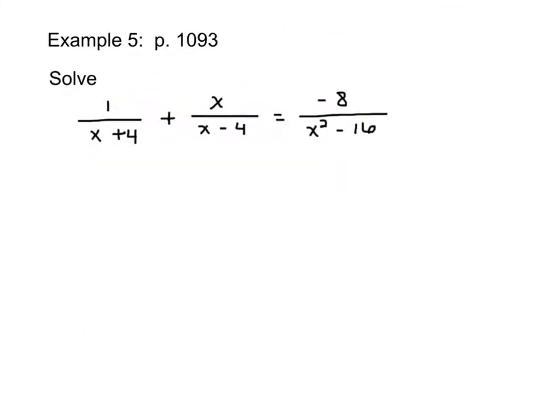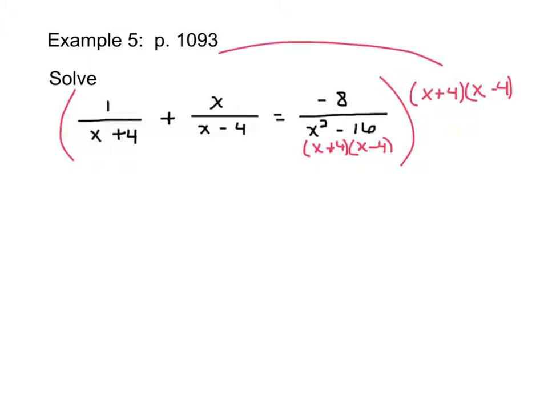Example 5, solve 1 over x plus 4 plus x over x minus 4 minus 8 over x squared minus 16. So factoring the x squared minus 16 is x plus 4, x minus 4. So my common denominator is going to be x plus 4 times x minus 4. Okay, so when I multiply by the first one, the x plus 4 cancels, so I have 1 times x minus 4.